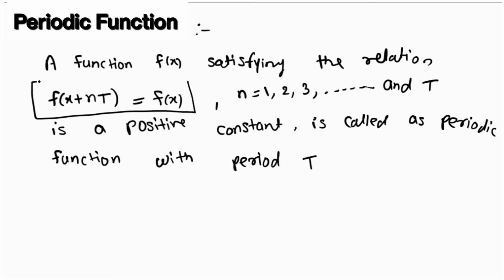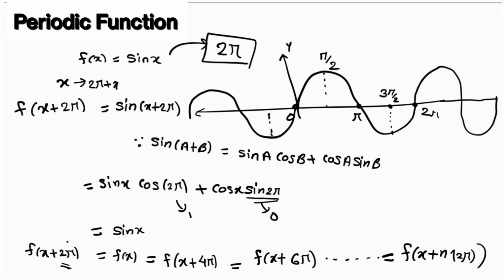This represents f of x equals f of x plus T, f of x plus 2T, 3T, because n is 1, 2, 3, and so on. So n can take any value from 1 to infinity. As we have taken in this function, 2 pi. If we add 2 pi in the function, we get the same as f of x. You can add 2 pi any number of times, so f of x plus n times 2 pi gives the same answer.